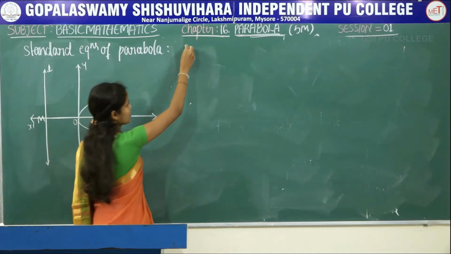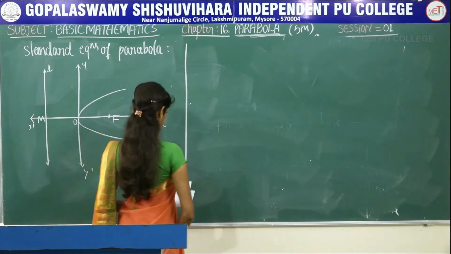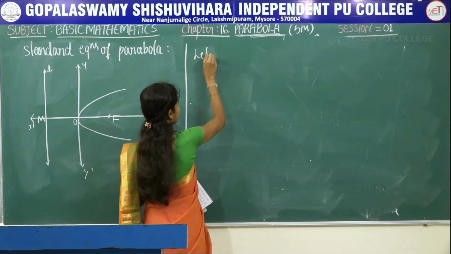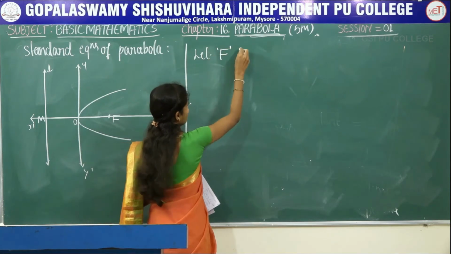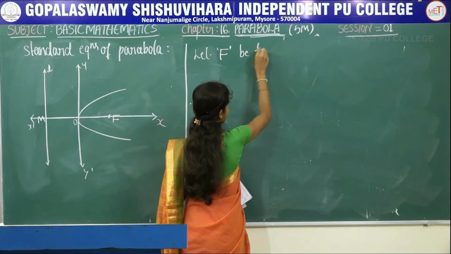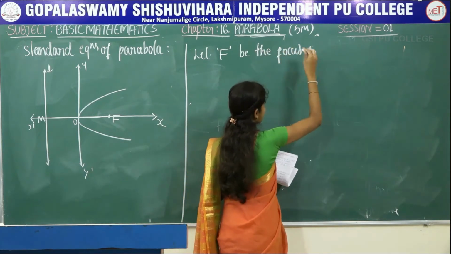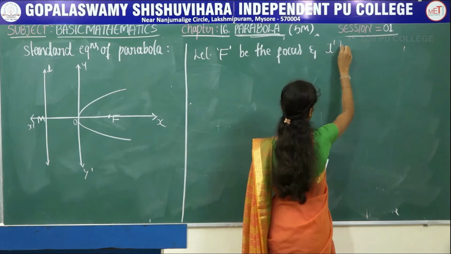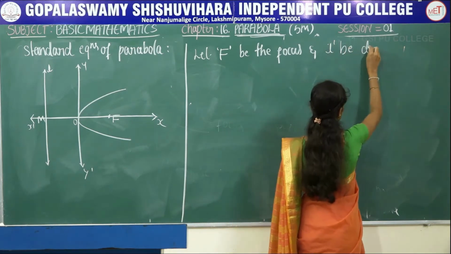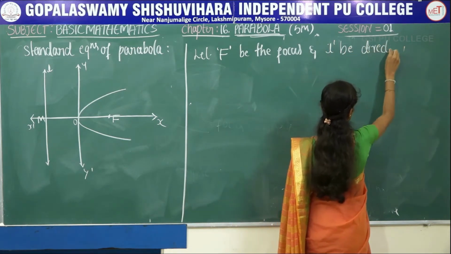Okay. So first, let F be the focus. F is called here focus. Let F be the focus and L be the directrix. L is called directrix.